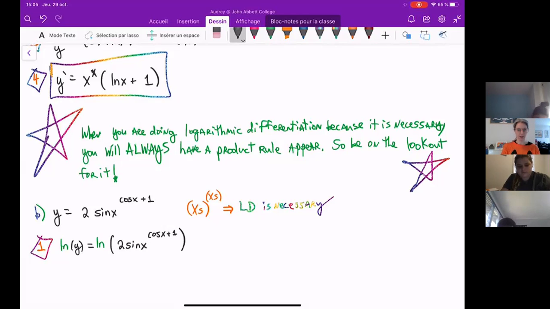What do you guys think? So Mikhail has an answer. Spain has an answer. Yes. So we have to deal with the product first because, so when we look at this, I have 2 times sine x to the cosine x plus 1. Is 2 to the power of cosine x plus 1?